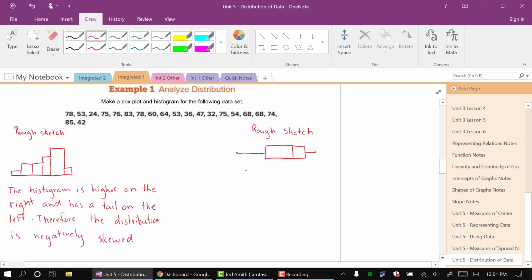For the box and whiskers plot or the box plot, the left whisker is larger or longer than the right, and the median is closer to the shorter side.